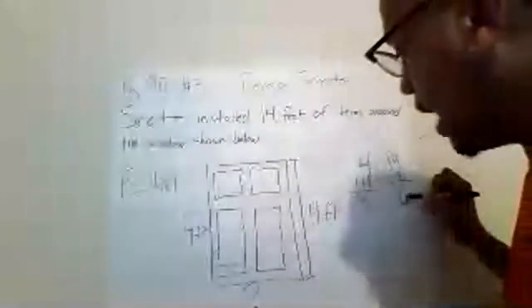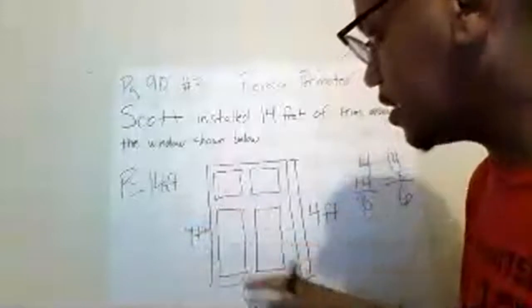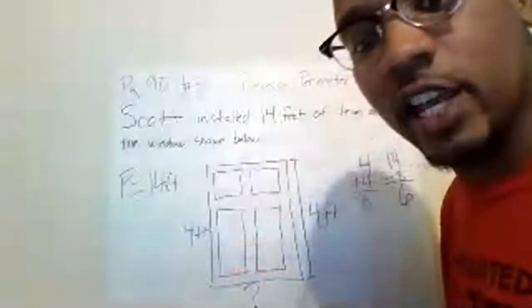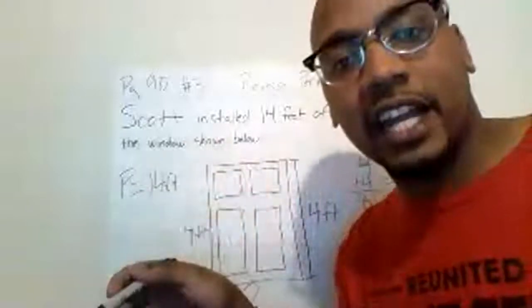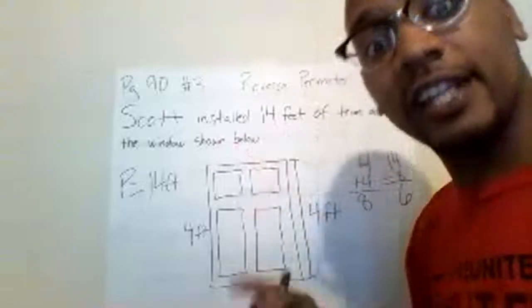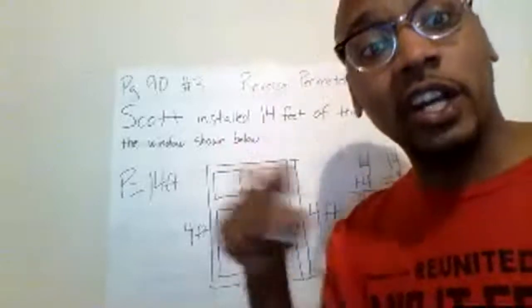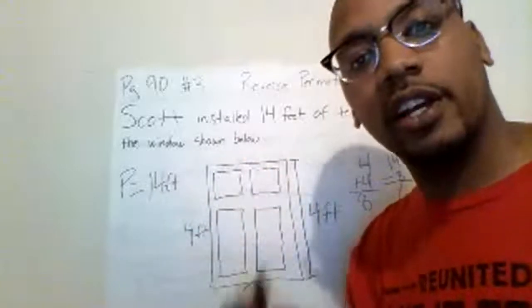Once I realize that if this is 4 and this is 4, I take it off of 14 and I'm left with 6. So this plus this is equal to 6. And if they are the same size, then this number plus itself is equal to 6. The only number that plus itself equals 6 is 3.